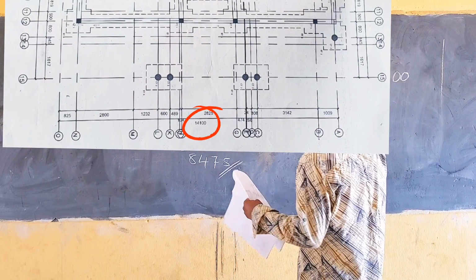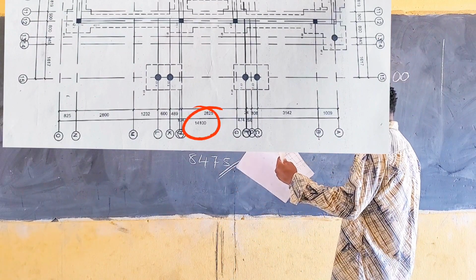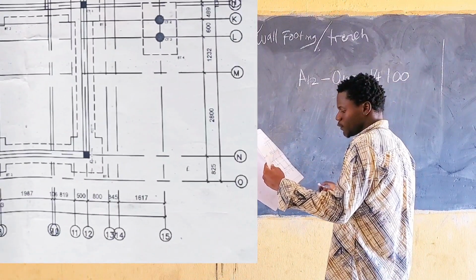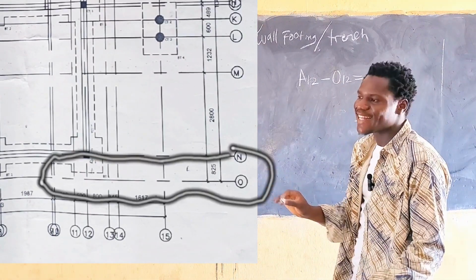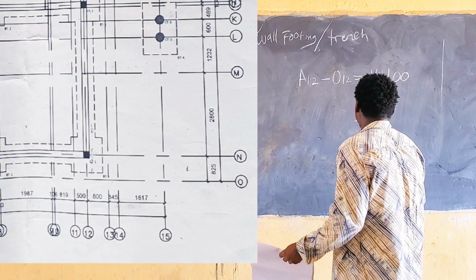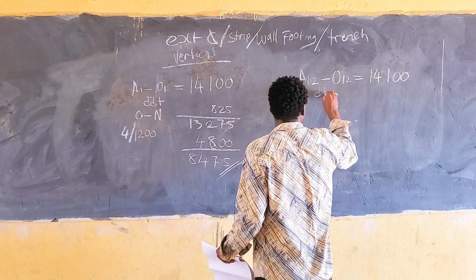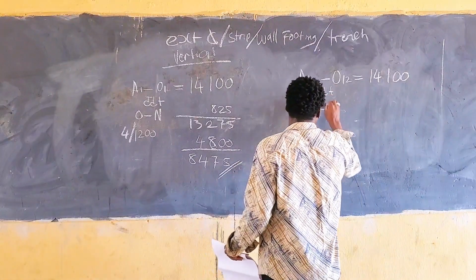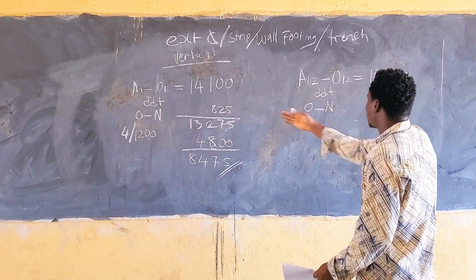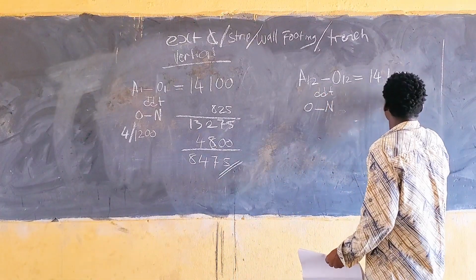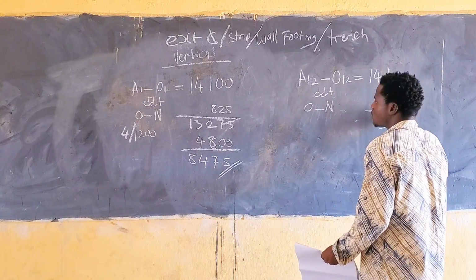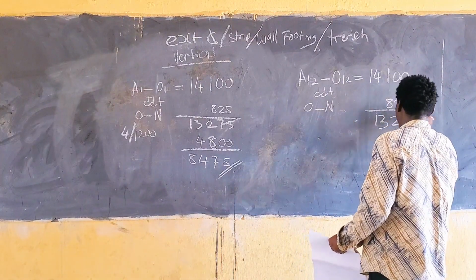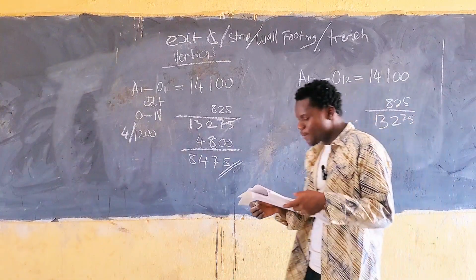We'll deduct O12 to N12 because there isn't any strip there. It will be an over measurement. So we'll deduct O to N, still the same with this, 825. We get 13,275. So we go to count the column bases that are there.